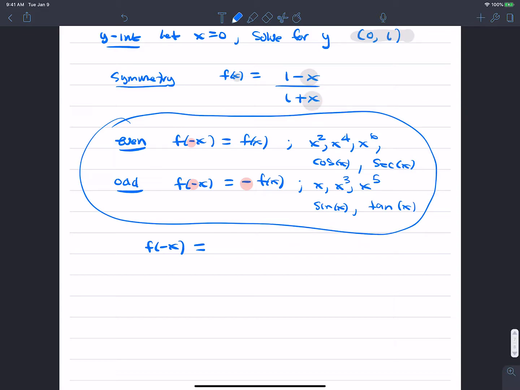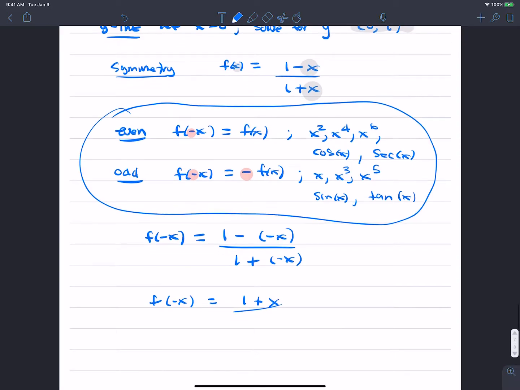We replace that x with a minus x. Okay, so double check to make sure we just did that. Now when we simplify, we see that f of minus x becomes 1 plus x over 1 minus x.